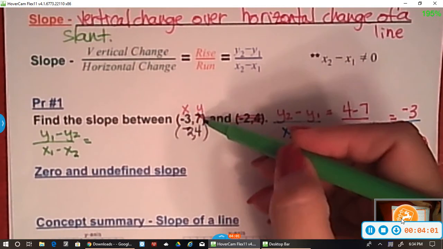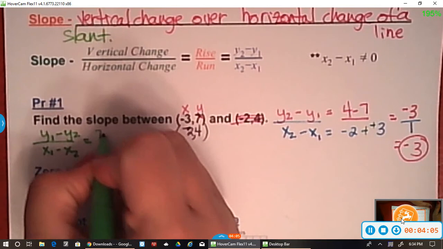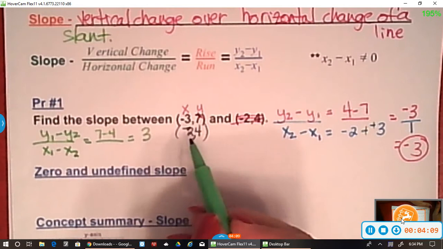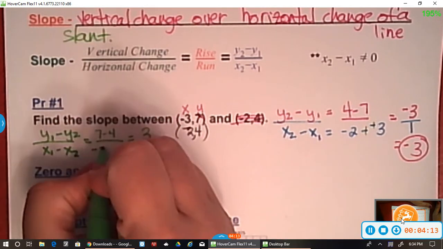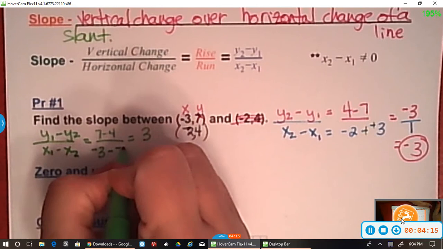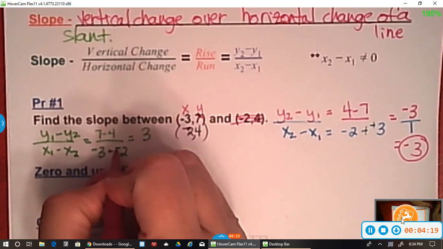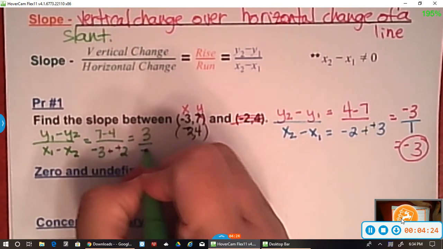So here, when I do the first y minus the second y, it's 7 minus 4 gives me 3. And on the bottom, the first x minus the second x, negative 3 minus negative 2. Again, minus a negative is plus a positive. That's going to give me a negative 1 on the bottom.